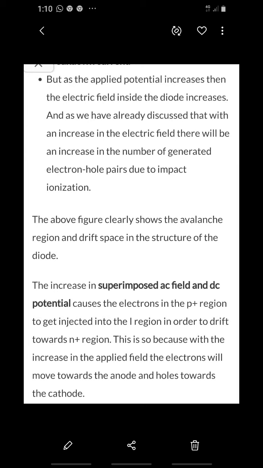But as the applied potential increases, the electric field inside the diode increases, and as we have already discussed, with an increase in the electric field, there will be an increase in the number of generated electron-hole pairs due to impact ionization.